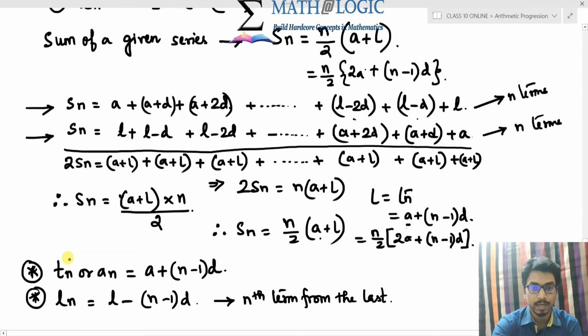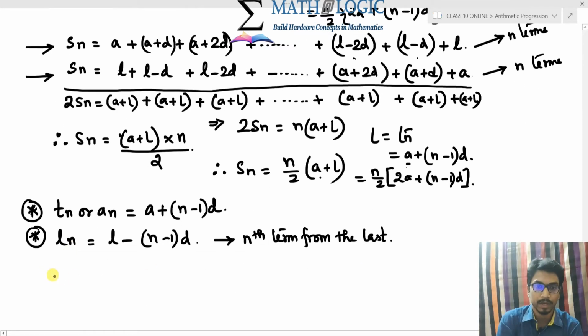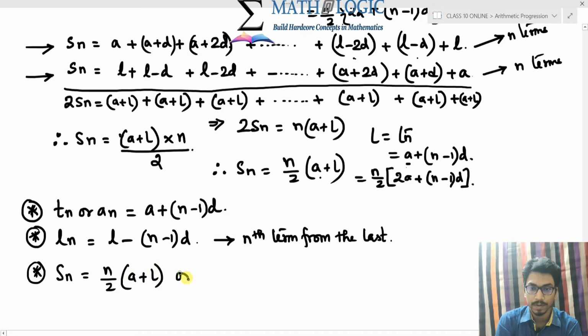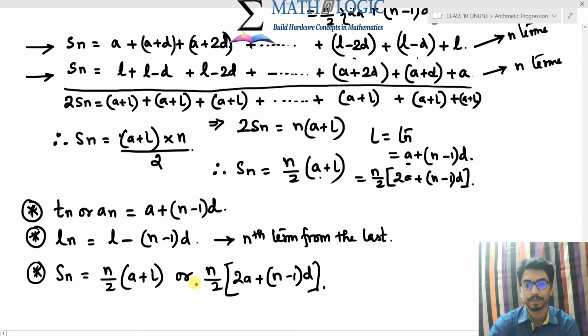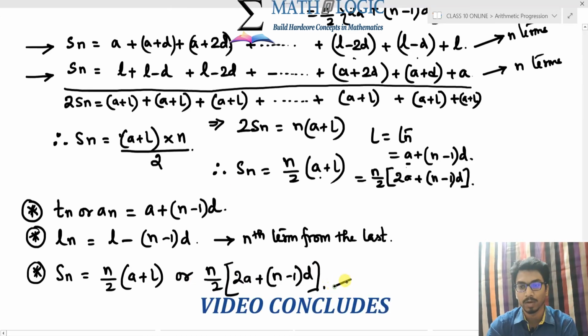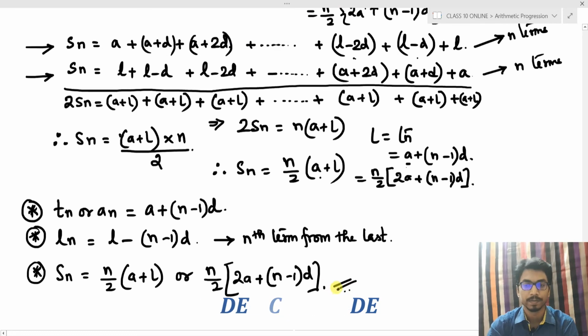And what is Sn, the sum of a given series? It is n by 2 (A plus L), or you can say n by 2 (2A plus (n minus 1) multiplied by D). So these are the formulas of the AP. Clear? Okay.